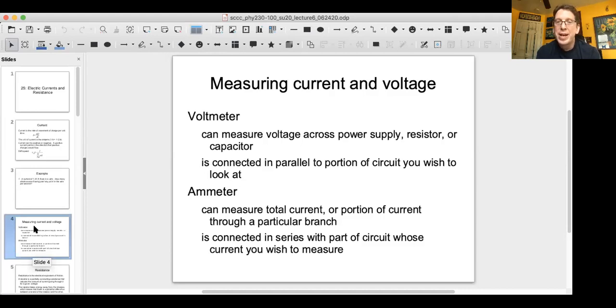So you connect the voltmeter with one leg and the other leg at the points in the circuit you want to measure the voltage across. And that's connected in parallel, so only a small fraction of the current gets siphoned off for the voltmeter, and then it's used to measure voltage. And you'll have a lab experiment talking about how ammeters and voltmeters work.